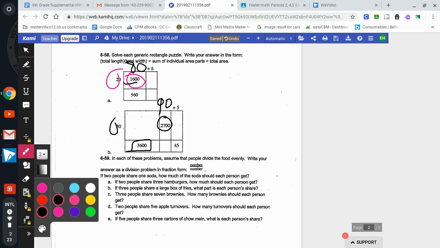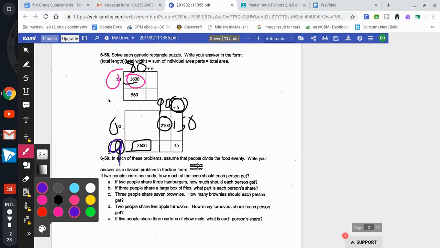How am I going to get 3,600? Right here, I have 5. So I know 30 times 5, 3 times 5 is 15. I add a 0. So what am I multiplying here to get 45? I know this is 5, so this must be 9.